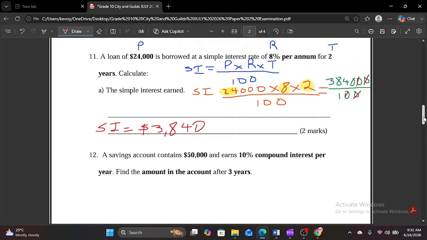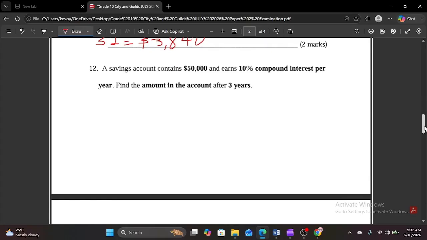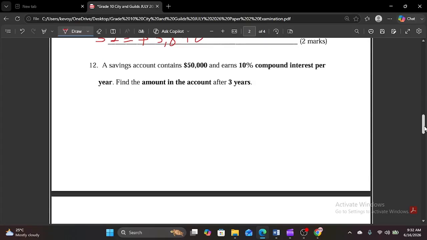All right. So moving on below, we're asked to find compound interest. A savings account contains $50,000 and earns 10% compound interest per year. Find the amount in the account after 3 years. So that means we're asked to find the total amount. That's going to be this formula right here.